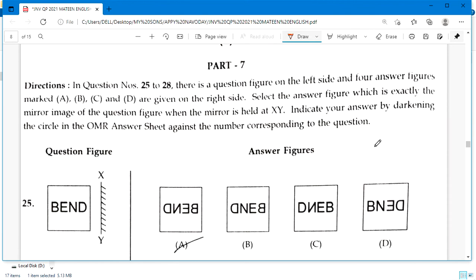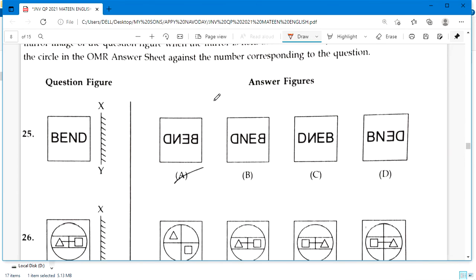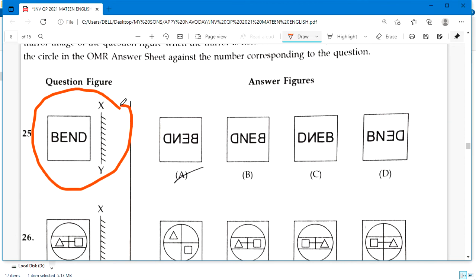That's the right answer. In mental ability part 7, including questions 25 to 28, there is a question figure and it's nothing but a mirror image of the given figure. Mirror image means how this figure looks in the mirror. That's the image of the figure in the mirror.